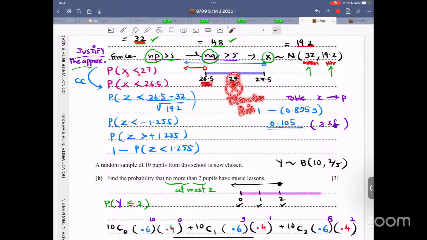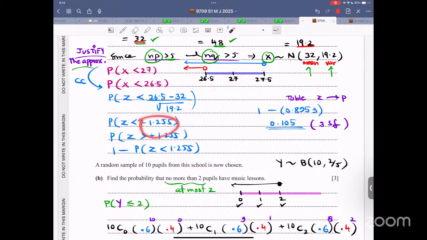So you have to use the boundaries, either 26.5 or 27.5. The same concept as in O-level maths, IGCSE. That is lower bound, upper bound. We are going to the left. This blue line is including 27. A red line is not including 27. Since it's not included, that is why we choose 26.5. That is how I explain it.